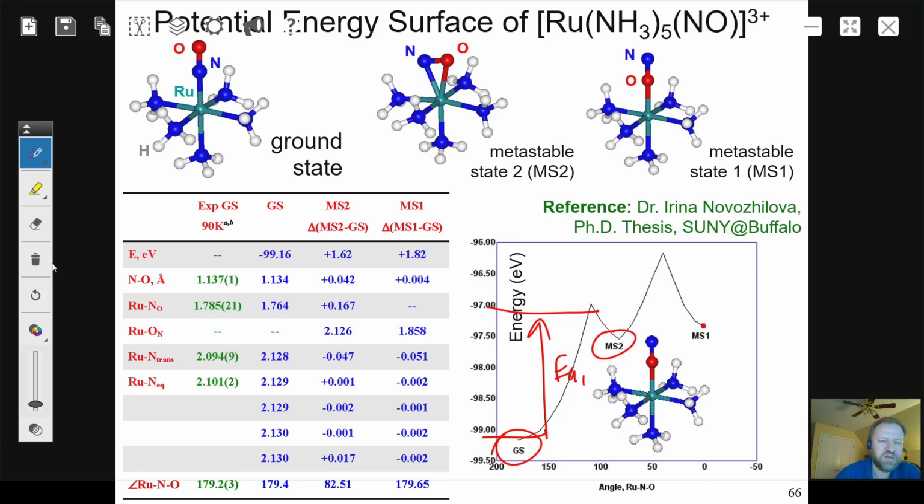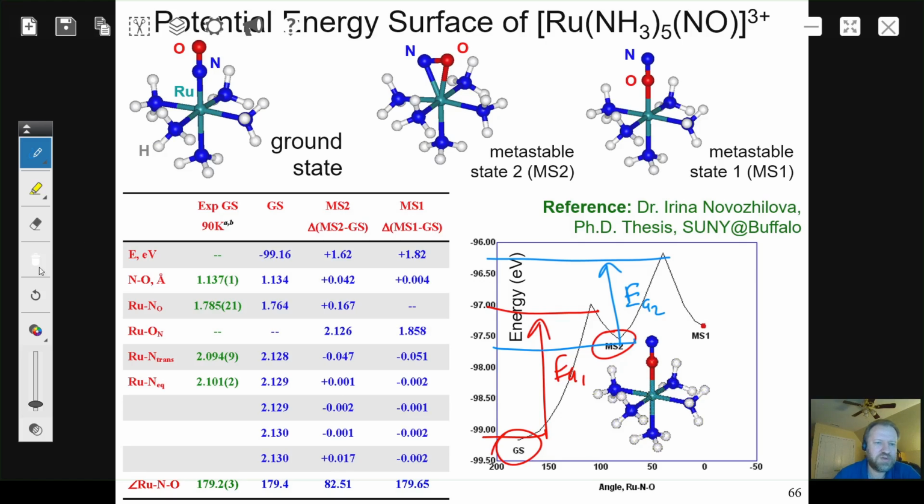And then, maybe I can use another color here. And of course, these results were published in scientific journals. Okay, so then E sub A2 is the activation energy that allows metastable state 2 to go into metastable state 1.